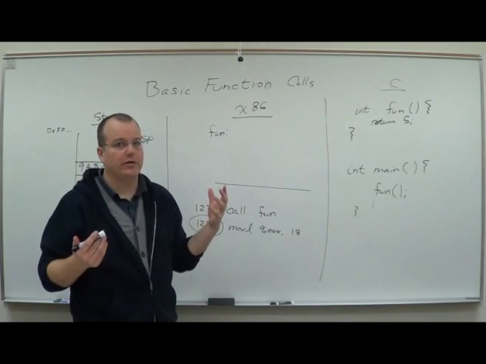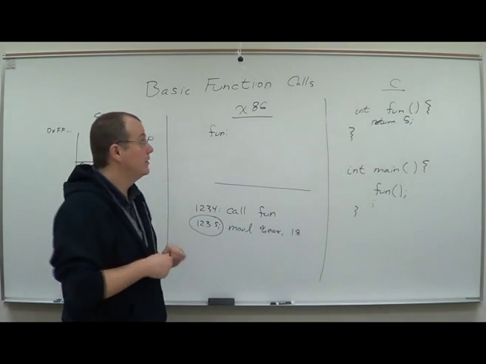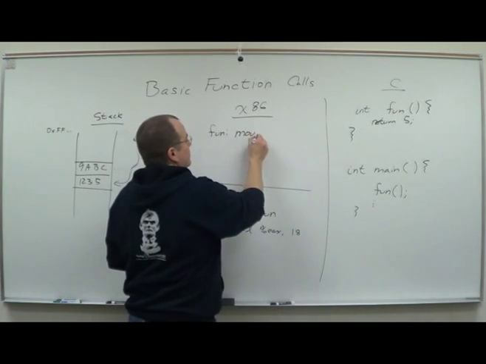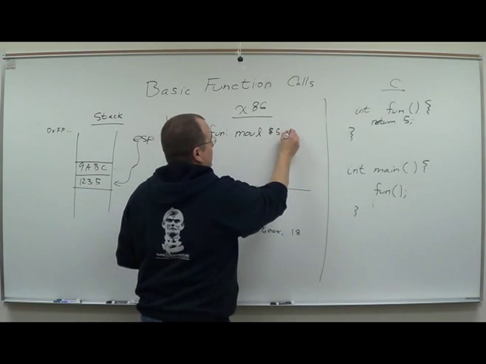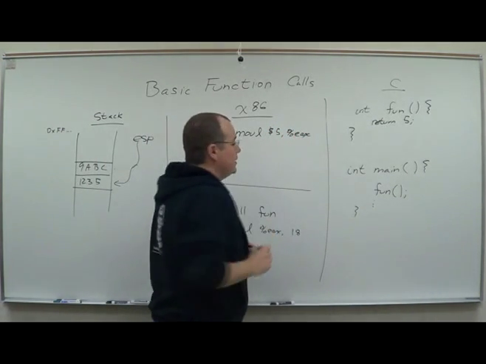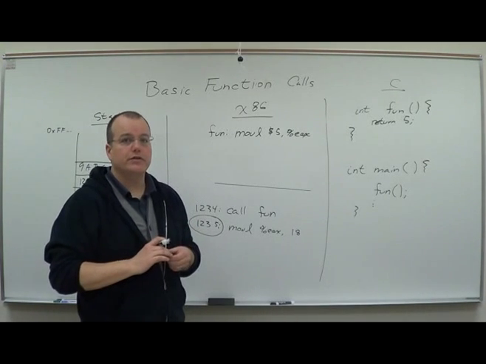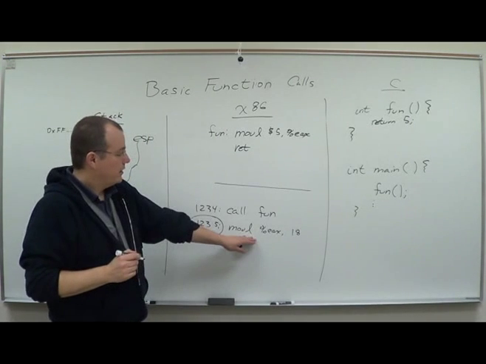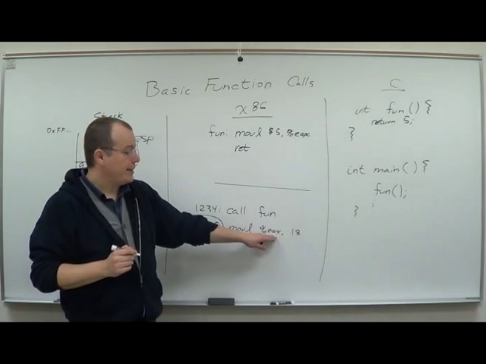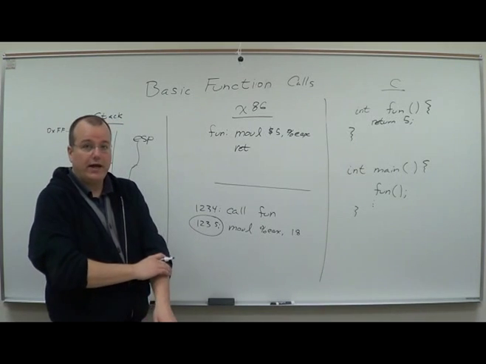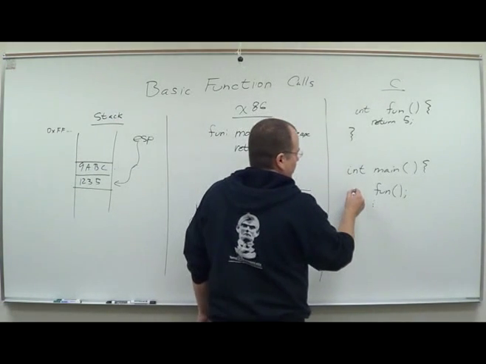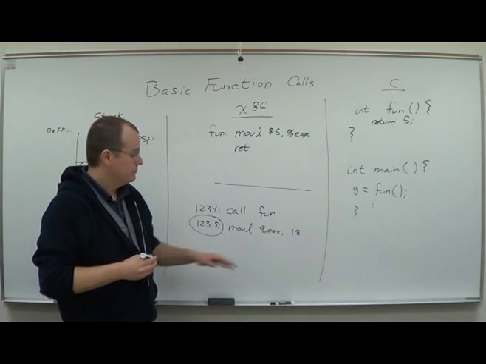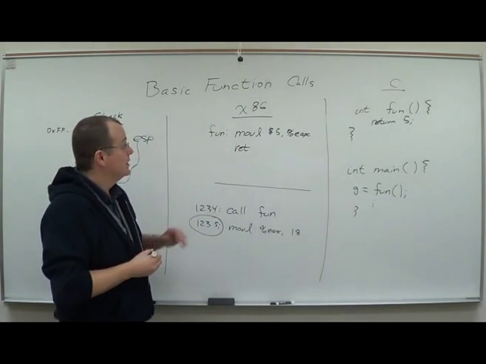There's no hardware requirement for this. This is just what we decided to do. So in order to return the literal 5, what we need to do is a move. We need to move the literal value 5 into the EAX register, and then return. And then we return to this instruction, and it captures the return value and puts it into the address 18. Probably some global variable g equals the return value of function, or something similar.